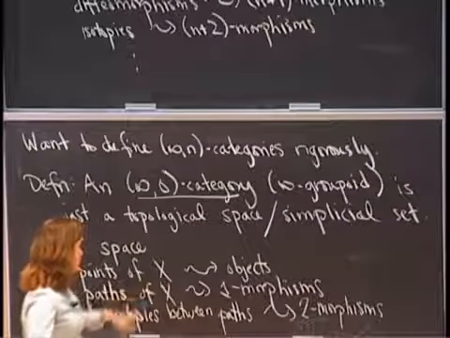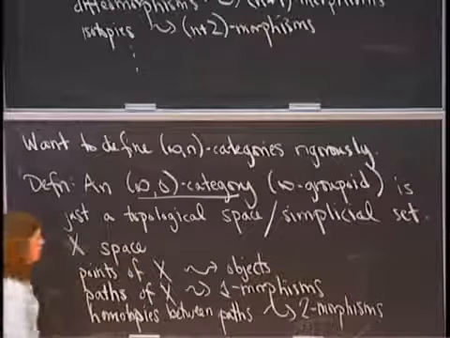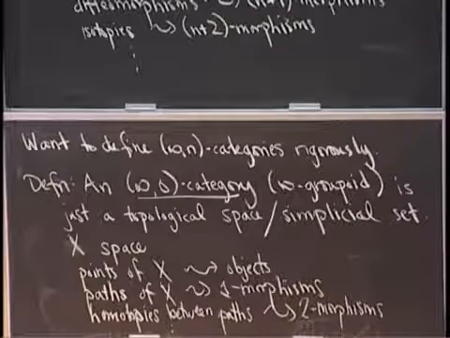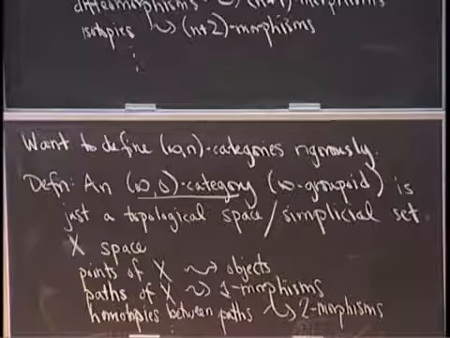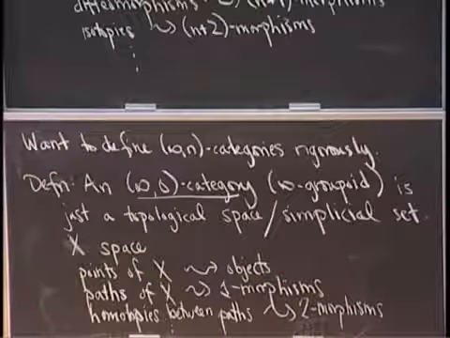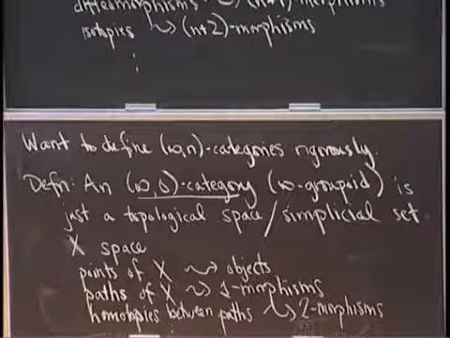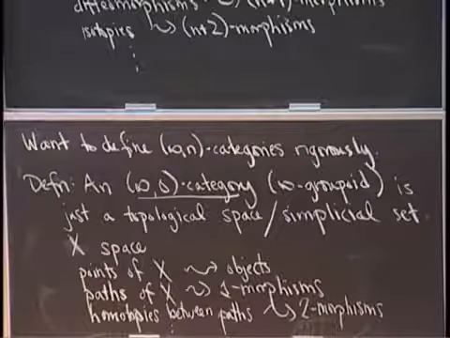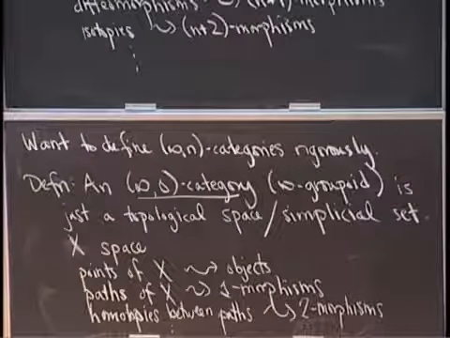And then you can take homotopies between the homotopies and, well, keep going. And so we have some kind of weak infinity category where all the morphisms at all levels are weakly invertible. So that seems sensible.